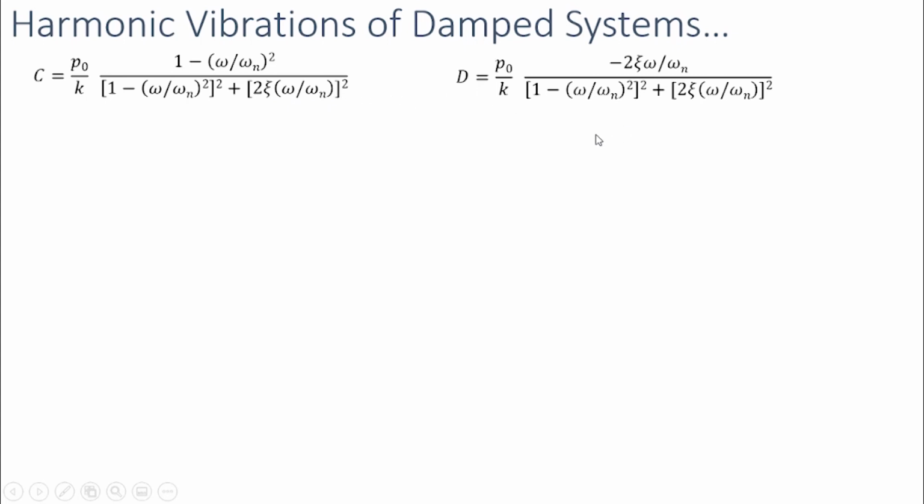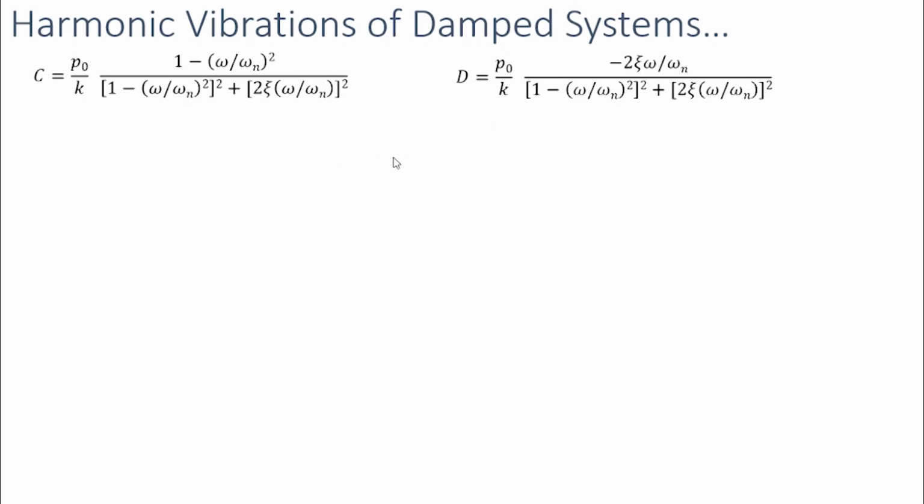And D is equal to P0 by k, where the numerator will be minus 2 zeta frequency ratio, and the denominator will be the same as C. Now we know the values of C and D, so we can write the expression for the particular solution as C sin omega t plus D cos omega t.